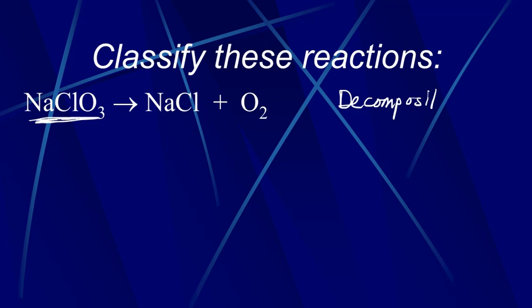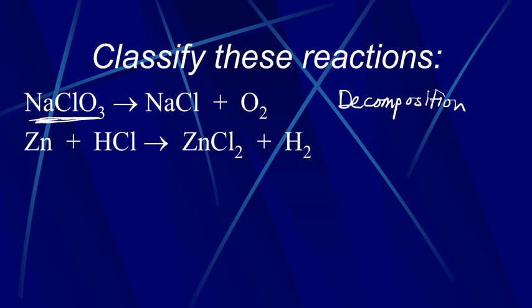So this is a decomposition reaction. Here's another example. In this example, we have an element, zinc, reacting with a compound, hydrochloric acid. An element and a compound, when combined, are a single replacement reaction. So hopefully you said single replacement when you saw that one.